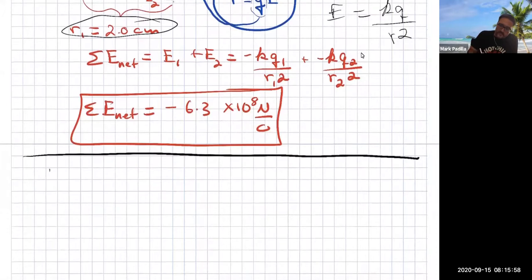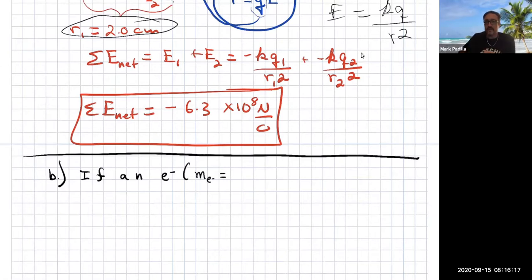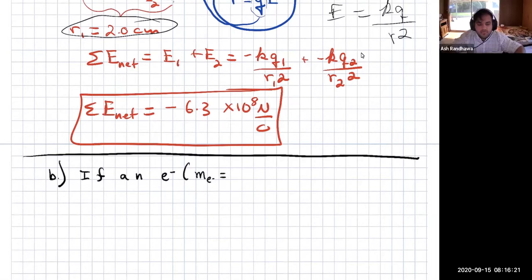Let's do part B. Essentially, part B is creating what you would call an electron gun. If an electron, the mass of the electron, does anybody know the mass of an electron? Really, really small.